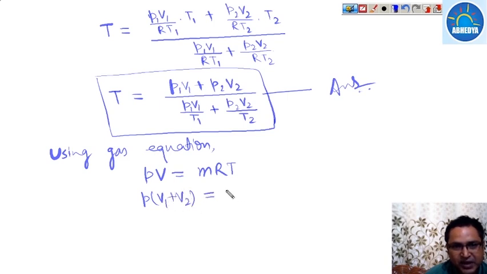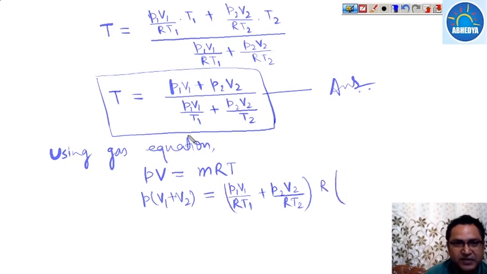M is nothing but M1 plus M2, that is P1 V1 upon RT1 plus P2 V2 upon RT2, into R, and the value of T. What is T? That is P1 V1 plus P2 V2 divided by P1 V1 upon T1 plus P2 V2 upon T2.